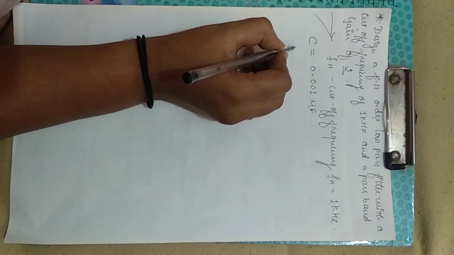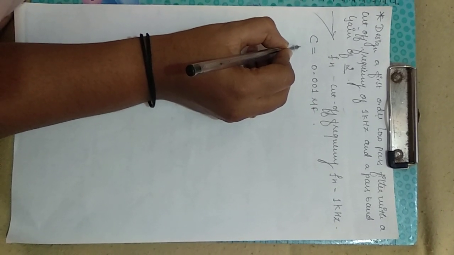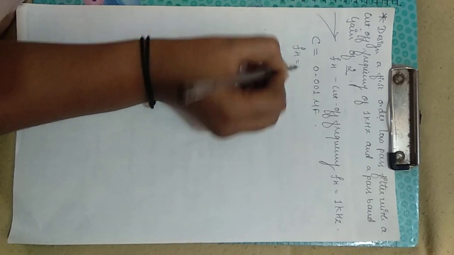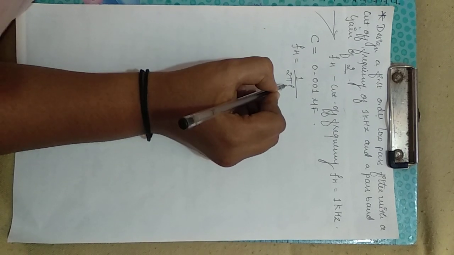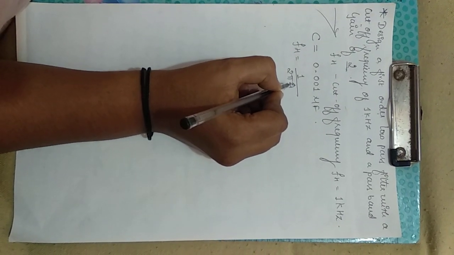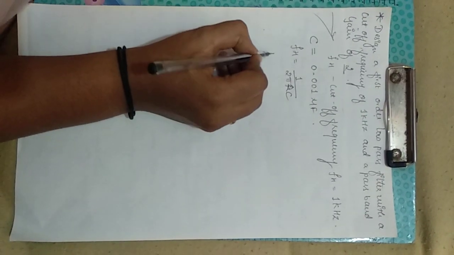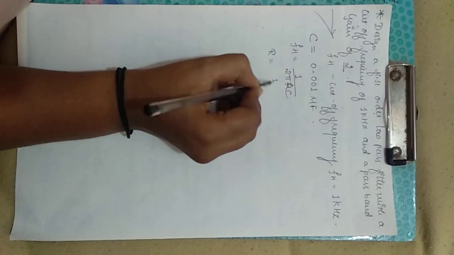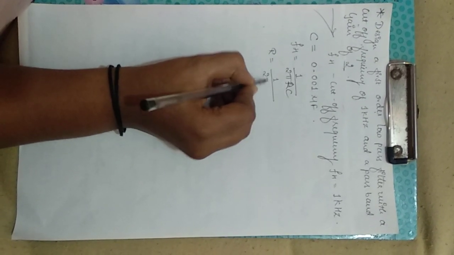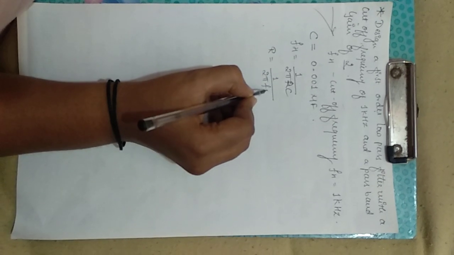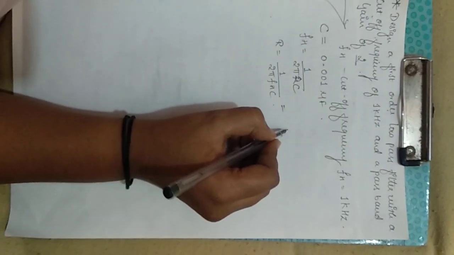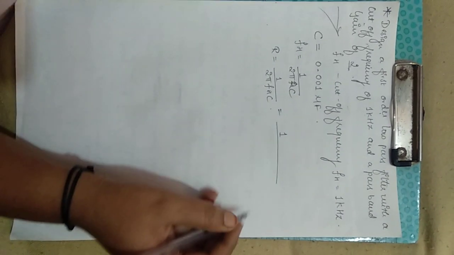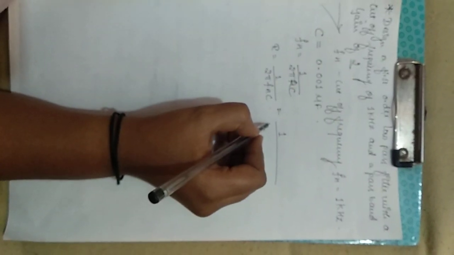Third step, we have to calculate R. To calculate R, which formula will we use? FH is equal to 1 divided by 2 pi RC. So R is equal to 1 divided by 2 pi FH into C. We have the value of FH as well as the capacitance.